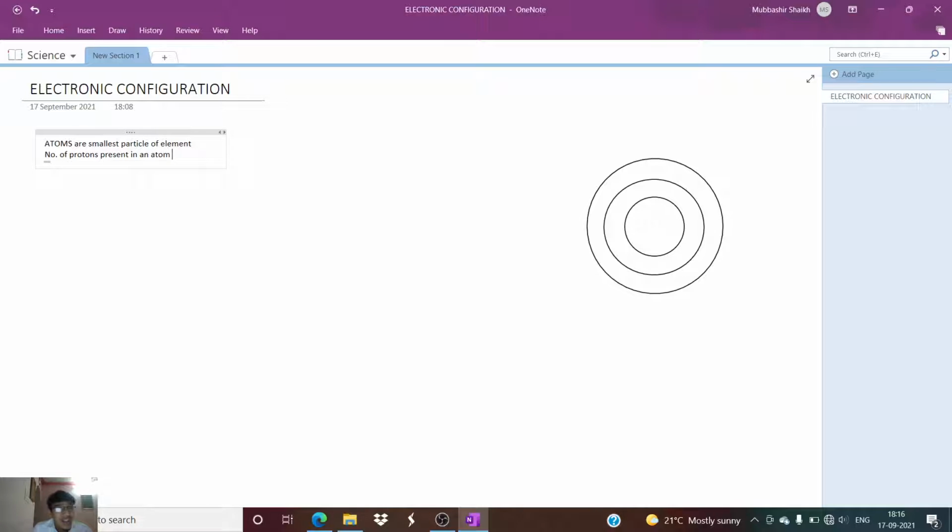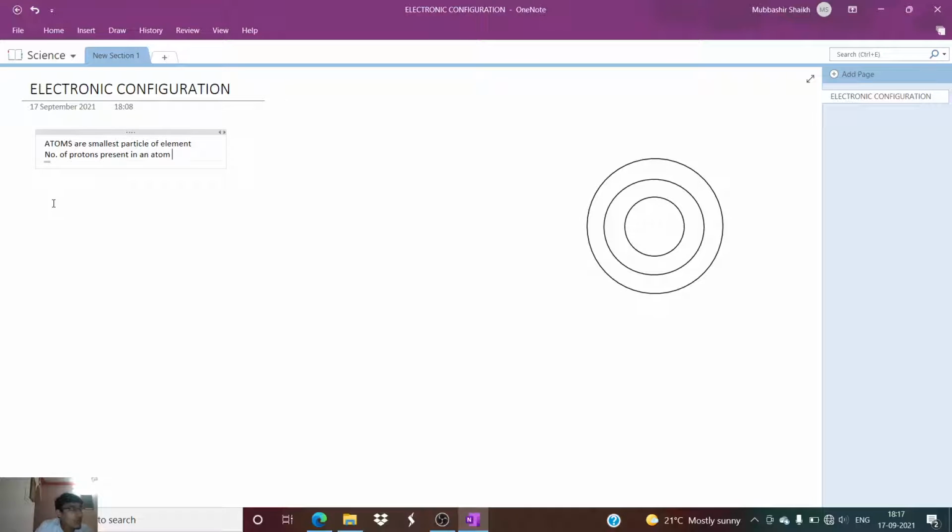Each and every element has a unique atomic number, which means the number of protons is not the same in any two elements. This atomic number is used to write the electronic configuration of an element.